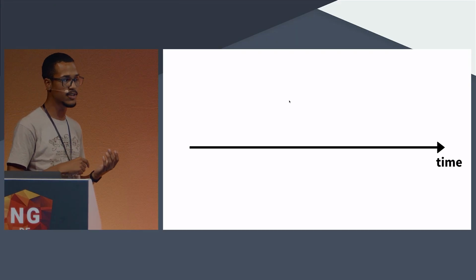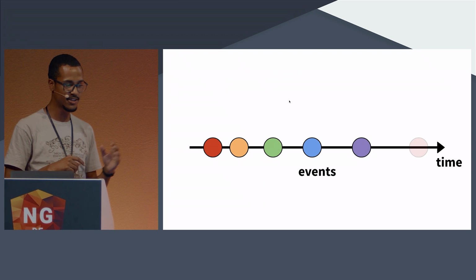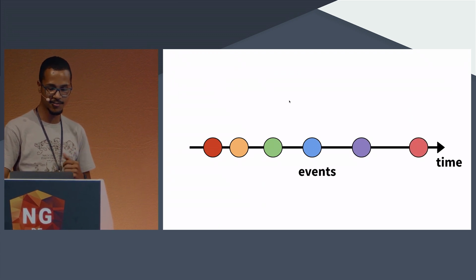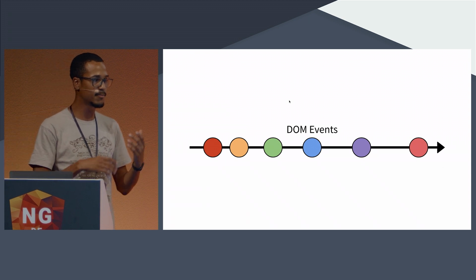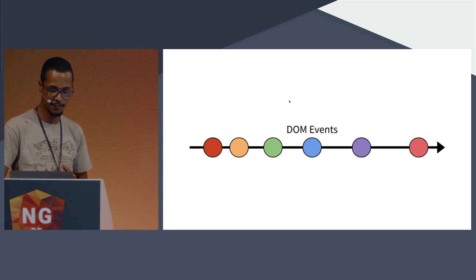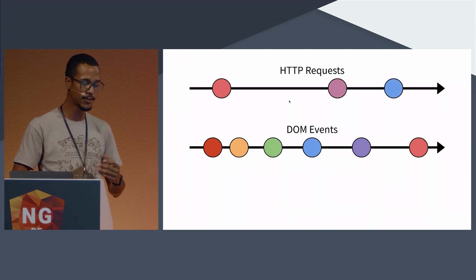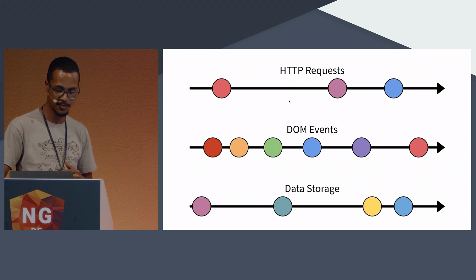With streams, time is always a dependency. Events are emitted at different points in time, and these events can represent anything. They can be DOM events like mouse clicks or input changes, as we've seen in the form, HTTP requests, or even data storage events. Anything can be a stream.